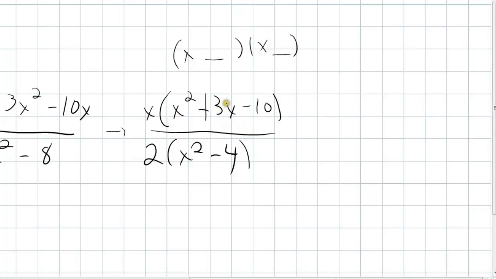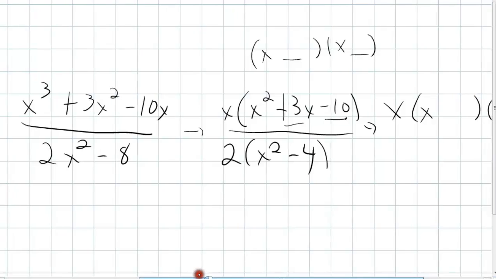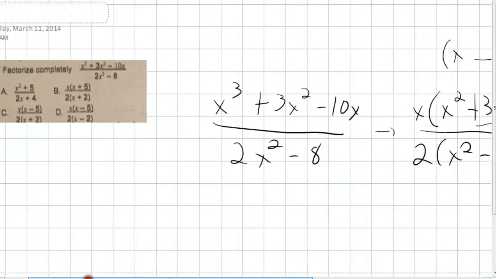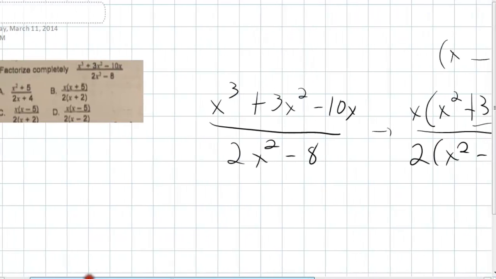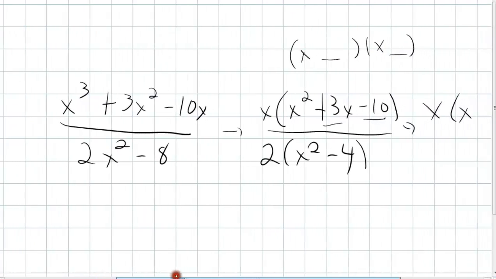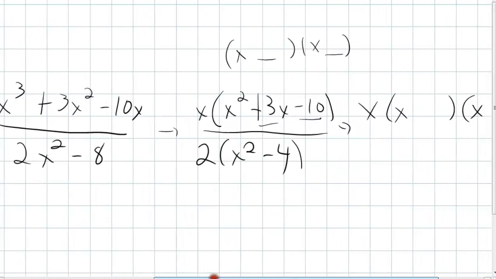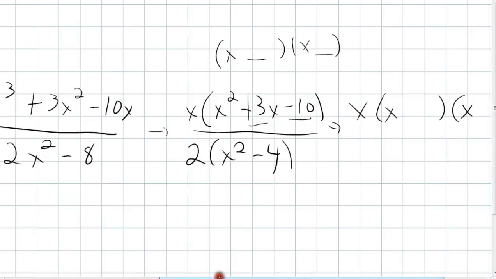So what two numbers will multiply to negative 10 but add up to 3?